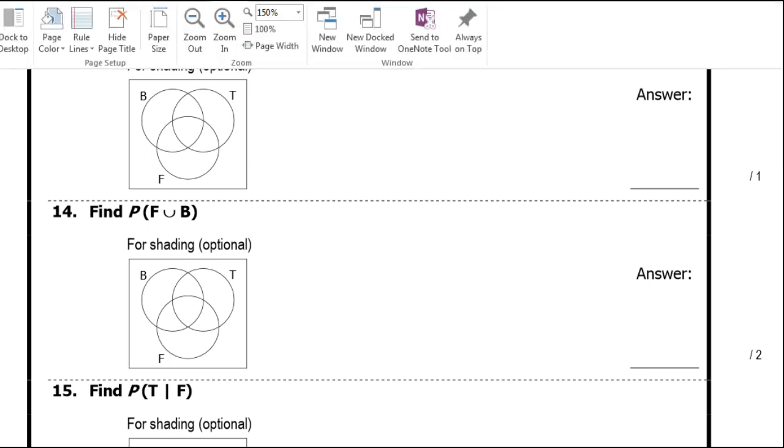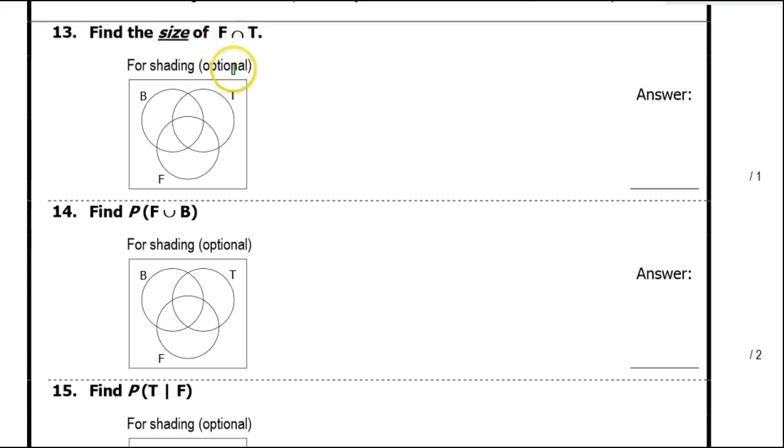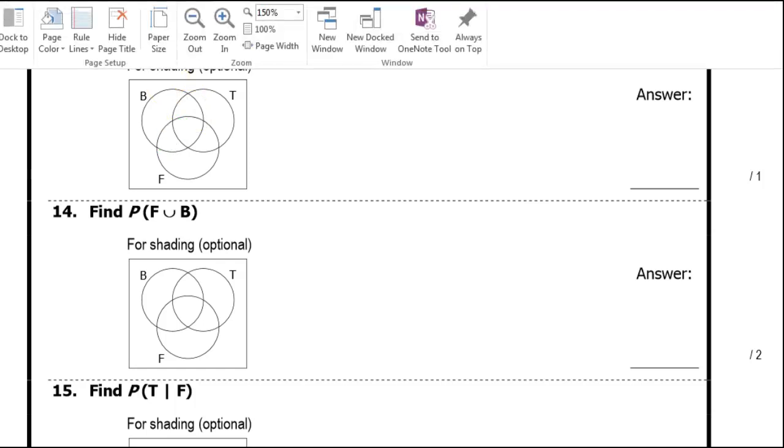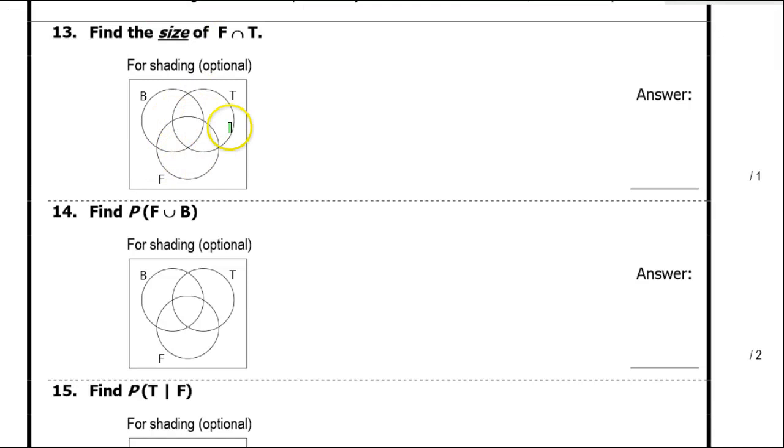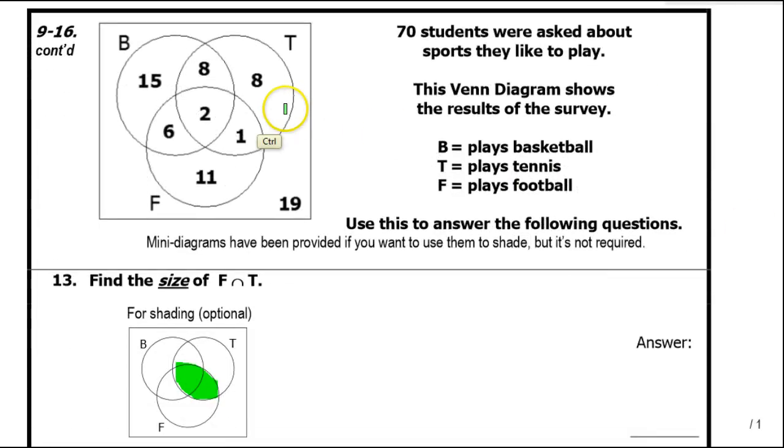So please remember that F and T, one way to think of it, is that's just going to be the overlap between F and T. All right, so here's circle F, here's circle T. This is the part that's in the middle between F and T. So if I look at the large picture, this is the overlap between circle F and circle T. So that is 3.